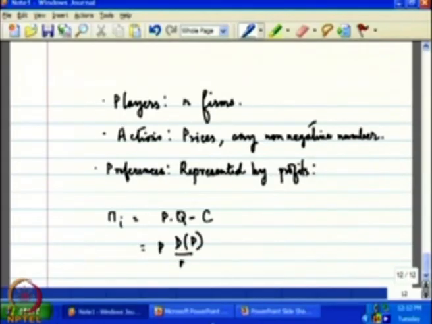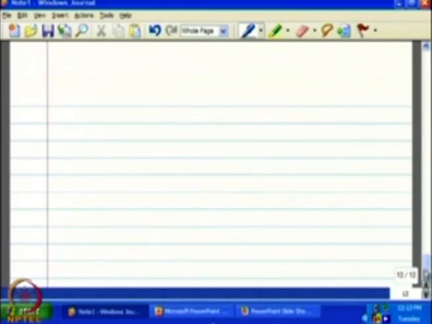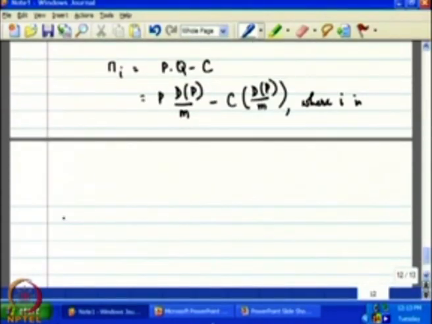but there is something else. M is the number of firms which are charging the same price, and this price is the lowest price in the market, minus Q of this, where I is one of the M firms.